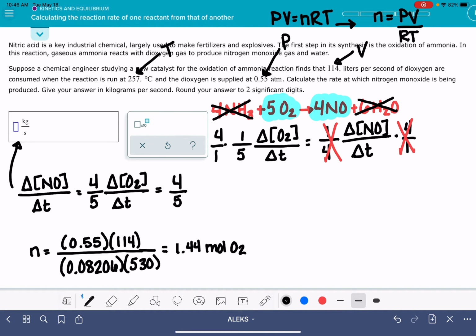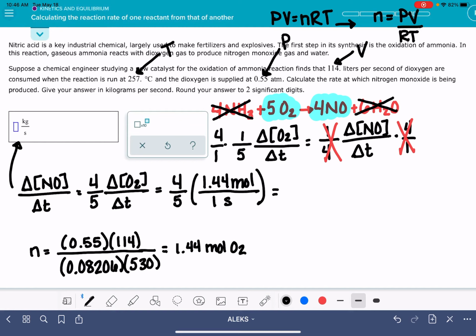4/5 times the change in O2. That's going to be 1.44 moles per, it says per second. So that's our time per 1 second. We can work the math out on this. 4 times 1.44 divided by 5.